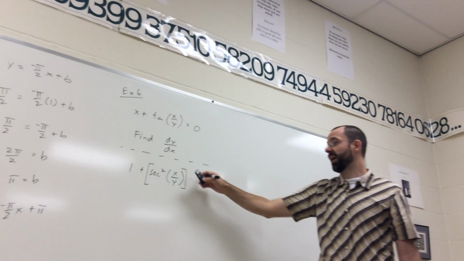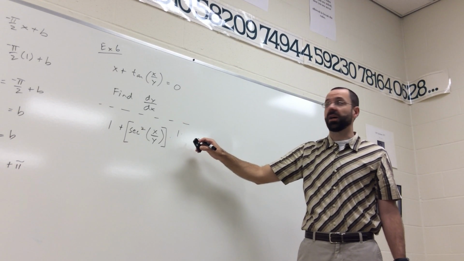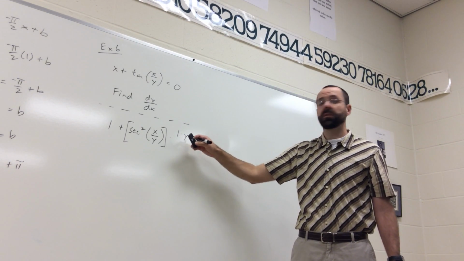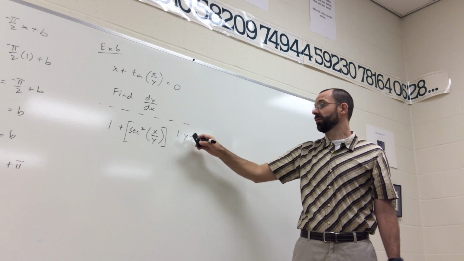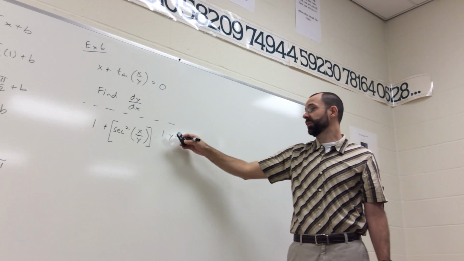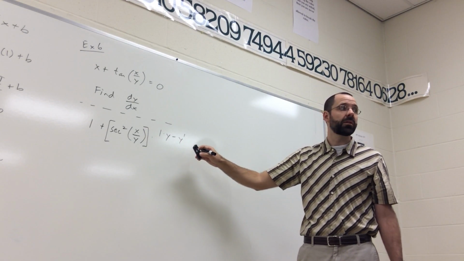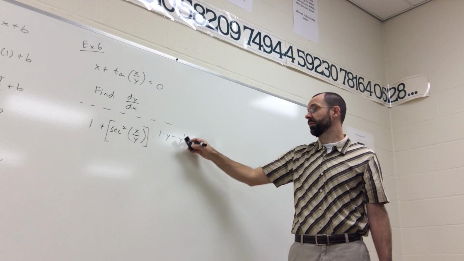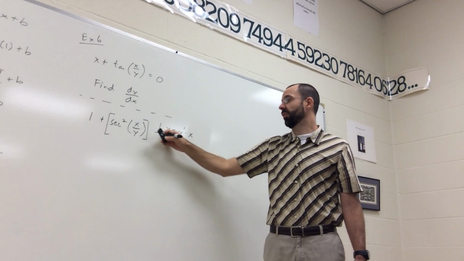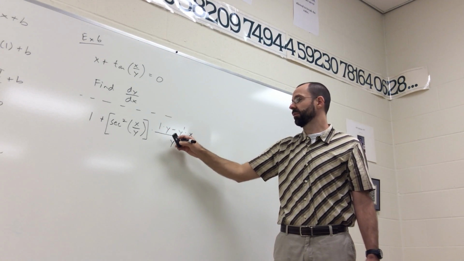Okay, so derivative of the top times regular bottom minus derivative of the bottom times regular top, and then all over the bottom square.